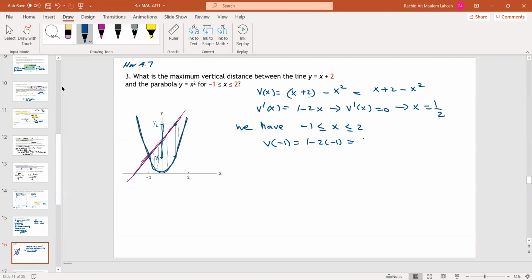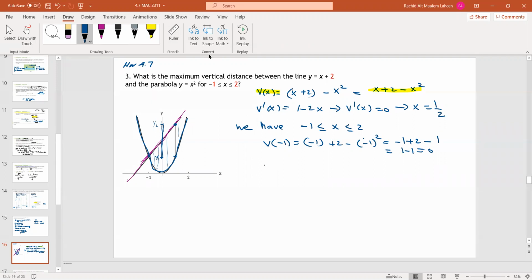This is v of negative 1, which is this. So negative 1 plus 2 minus negative 1 squared, negative 1 plus 2 minus 1, and negative 1 plus 2 is 1, minus 1 is 0.